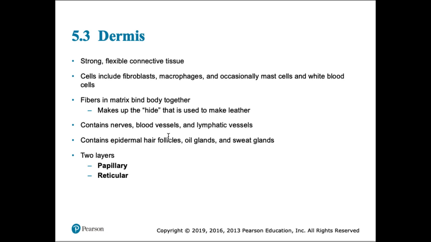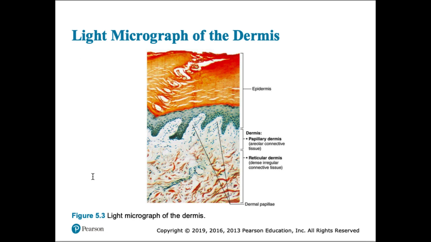When you think of the leather making process, this is what these fibers and this matrix bind together. That's what makes leather. It contains nerves and blood vessels, lymphatic vessels, and of course it has the hair follicles, those epidermal hair follicles, the oil glands, the sweat glands. And there are really two main layers to the dermis, the papillary layer and the reticular layer.